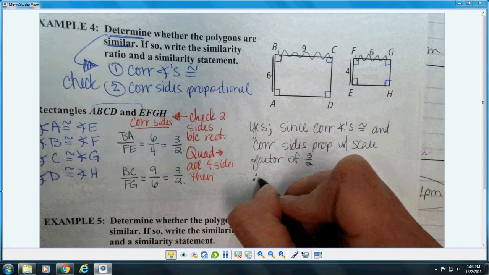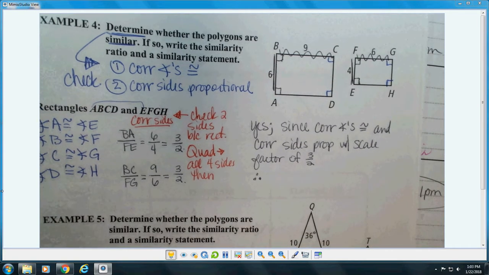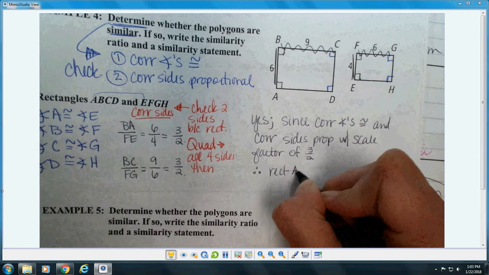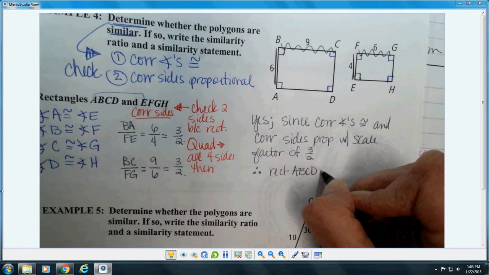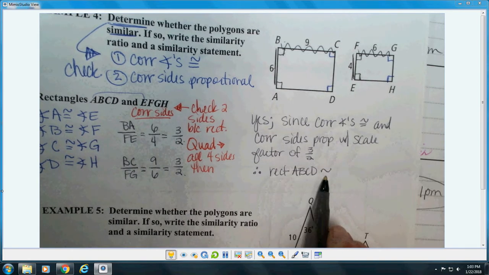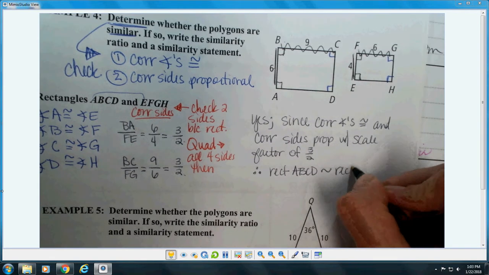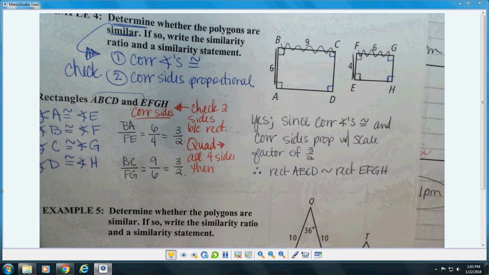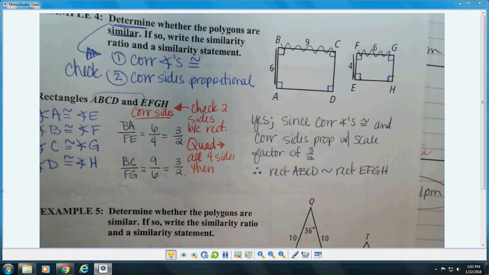Therefore, remember the 3 dots kind of in a triangle means therefore, rectangle ABCD is similar to, notice there's no equal sign, rectangle EFGH. Now some of you aren't going to want to do all this, and I'm sorry, but this is no different than when we had to prove other things. You're going to have to show me all the steps, okay?